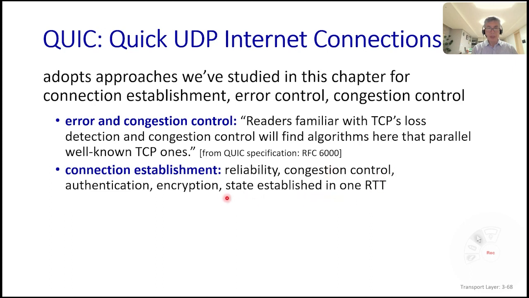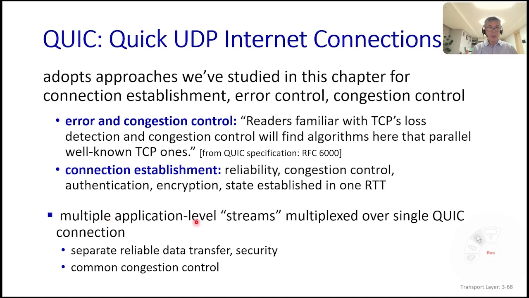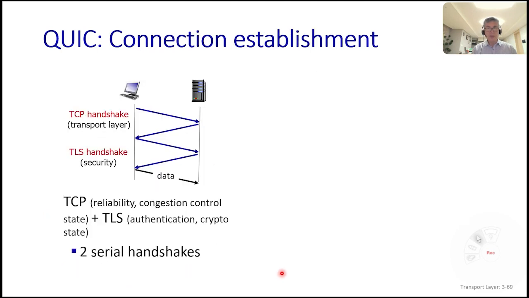Especially, this connection setup can be done in one RTT, round trip time. And multiple application-level streams are defined, multiplexed over a single QUIC connection. So with one QUIC connection, multiple streams are delivered. Okay, and it separates reliable data transfer, security, and common congestion control. This is a good feature.